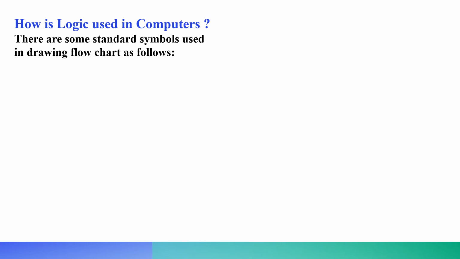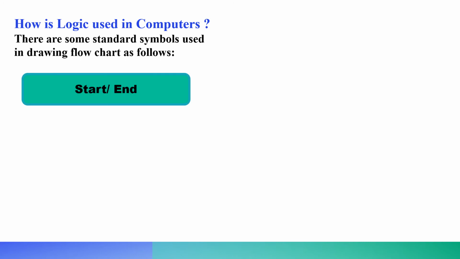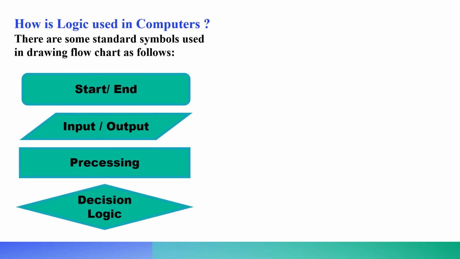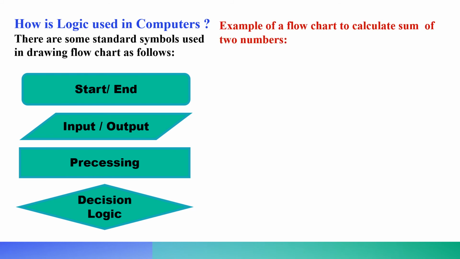There are some standard symbols used in drawing a flow chart, which are as follows. First is the start or the end button, then we have the input output button, then we have processing, and last is decision logic.